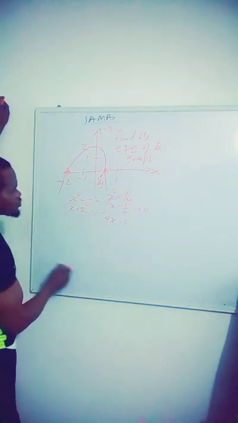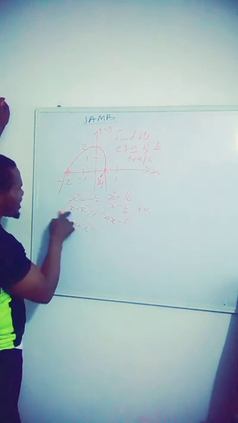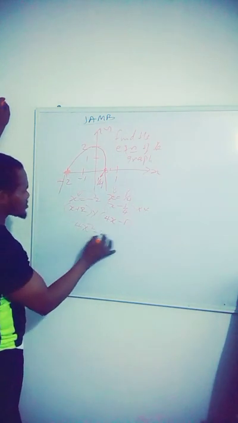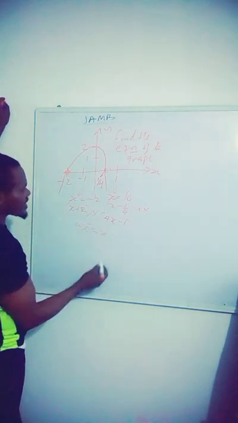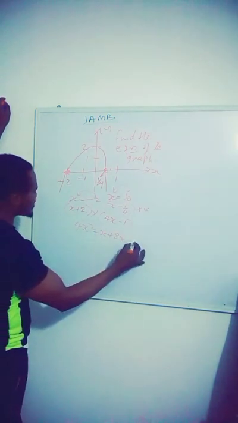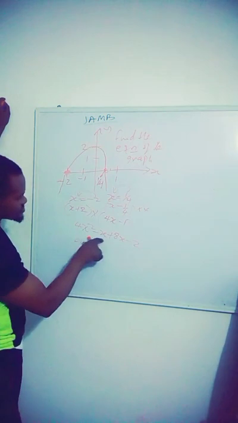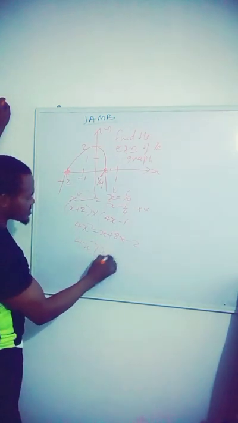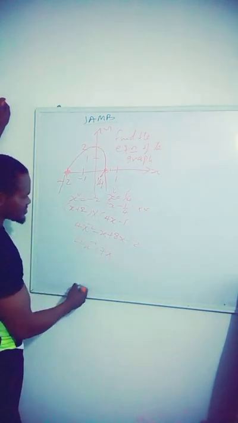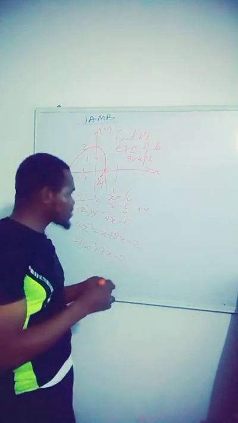So when you multiply the two factors, x times 4x is 4x squared. x times -1 is -x. 2 times 4x is plus 8x. Then 2 times -1 is -2. So you have 4x squared plus 7x minus 2. Now you know this expression.